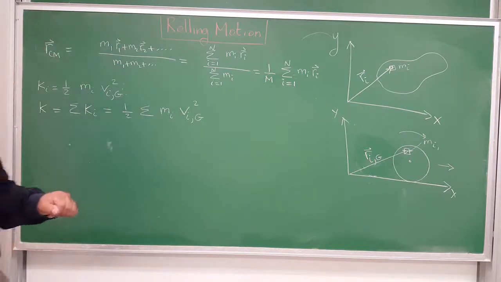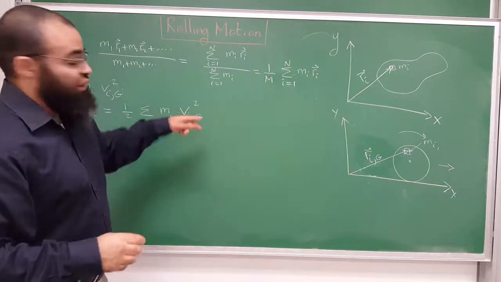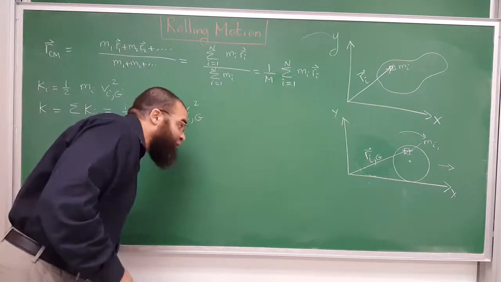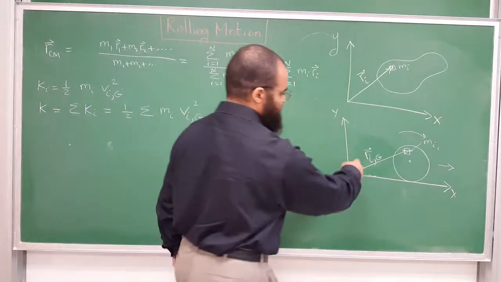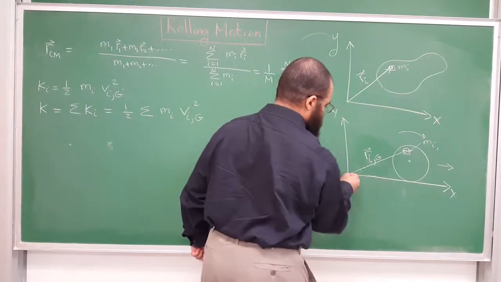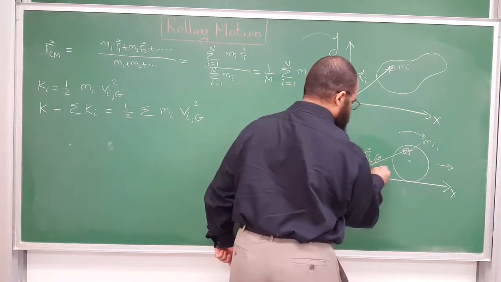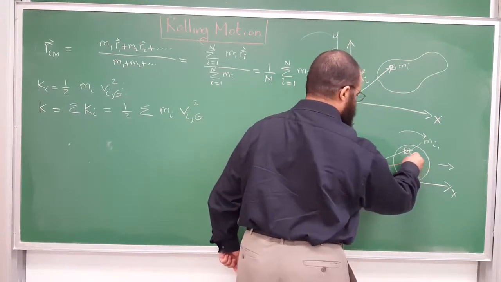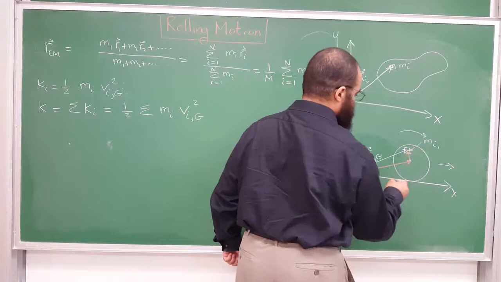Now, how do I calculate this? So I will do it the following way. What's the location of this relative to the ground? Well, it's equal to the location of the center of mass relative to the ground, plus the position of this object relative to the center of mass.